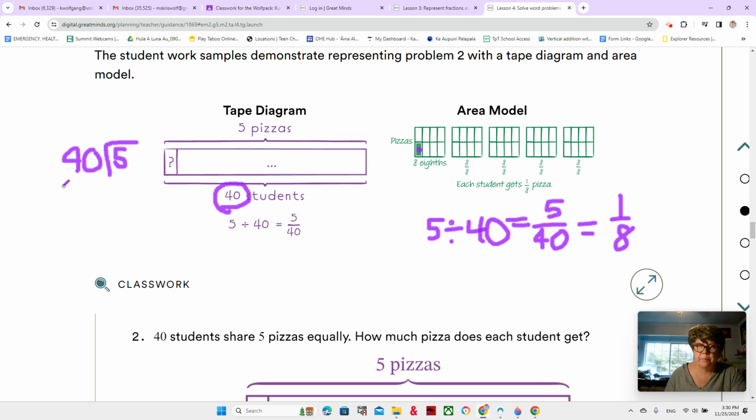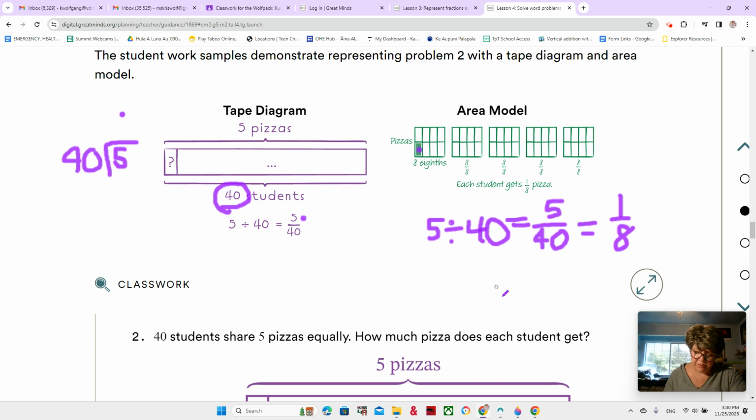I think a lot of people might want to put the 40 on the inside, but notice the 5 is on top, 5 divided by 40, because we're sharing 5 pizzas, right? So that's a little challenging, isn't it? But if we think about 8 times 5 is 40, I think the easiest way to do it is this way, right?